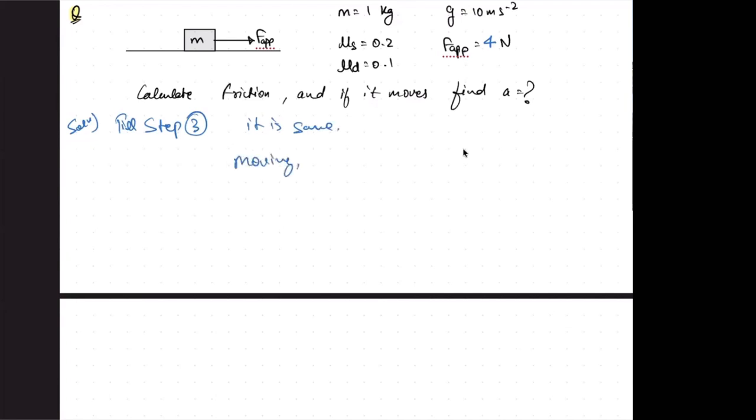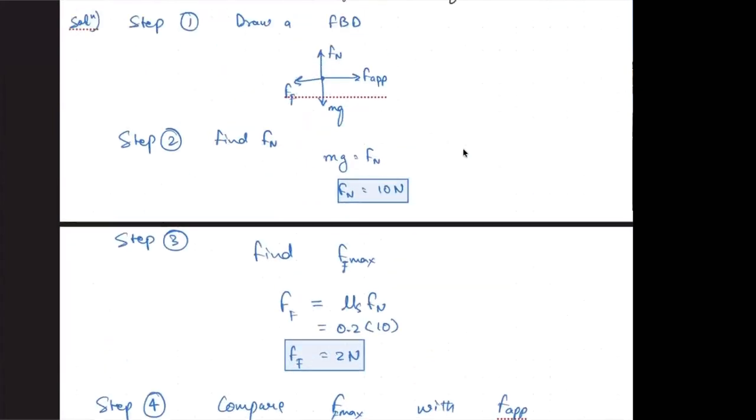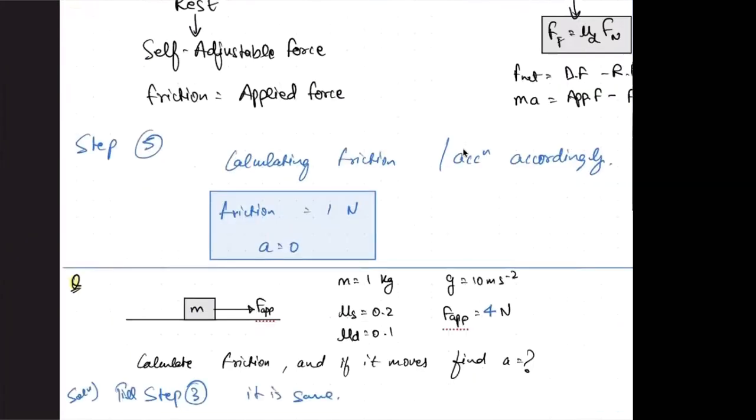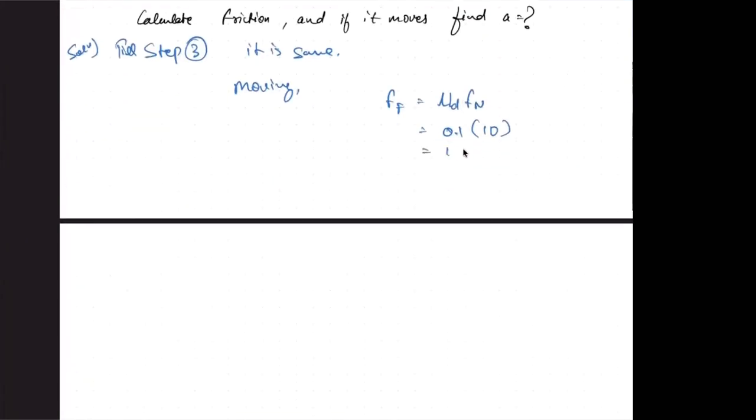So if it is moving, then the friction formula will be mu d into Fn, right? Mu d is 0.1, Fn is 10. So Fn we calculated, right? Fn is 10. So mu d into Fn is 1 Newton, right? Now the friction is 1 Newton.